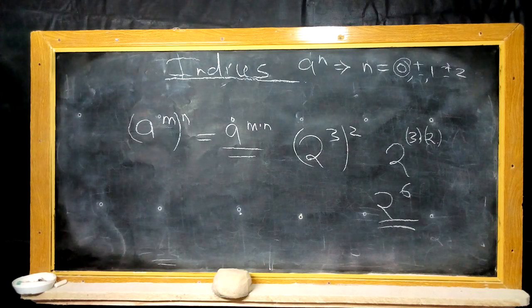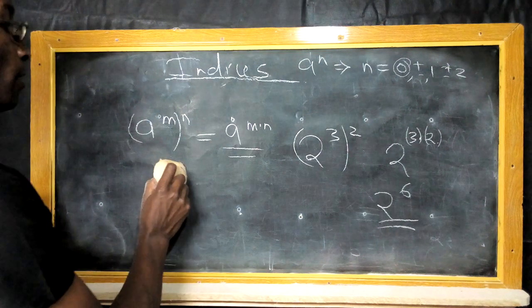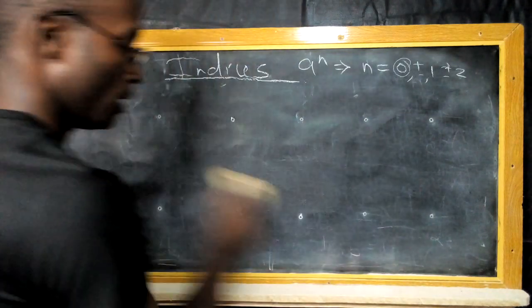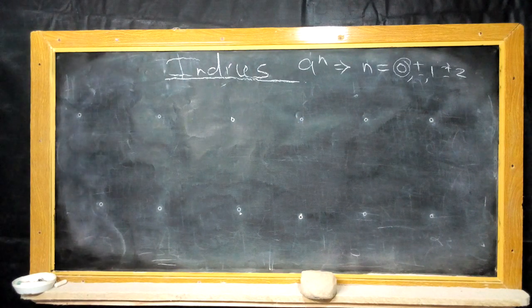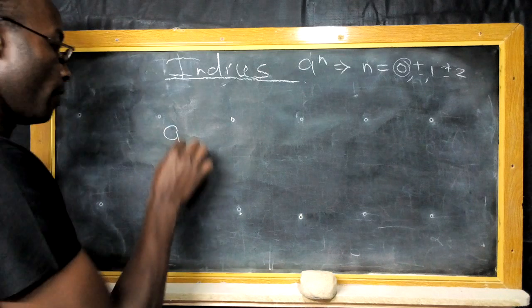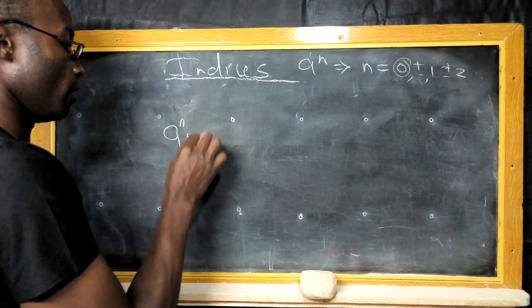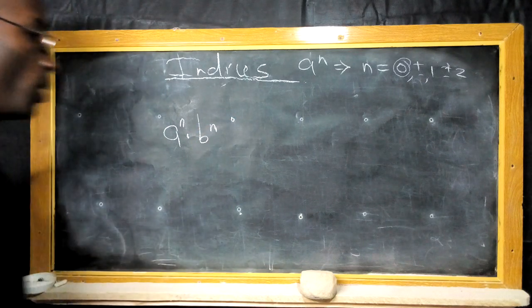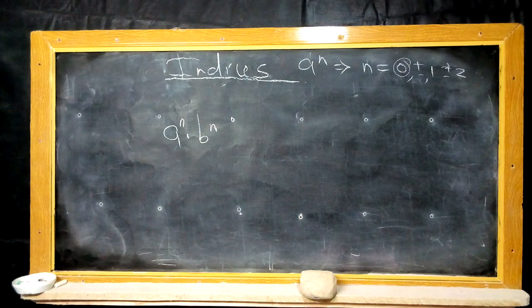And then suppose we have the same power but different numbers. Let's look at this. Suppose we have the number a raised to power n and b raised to power n. How are we going to represent that one?